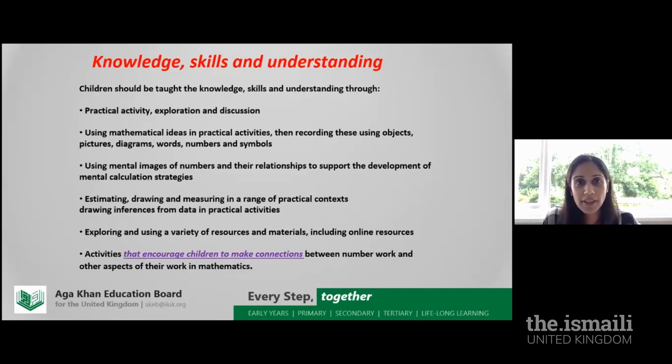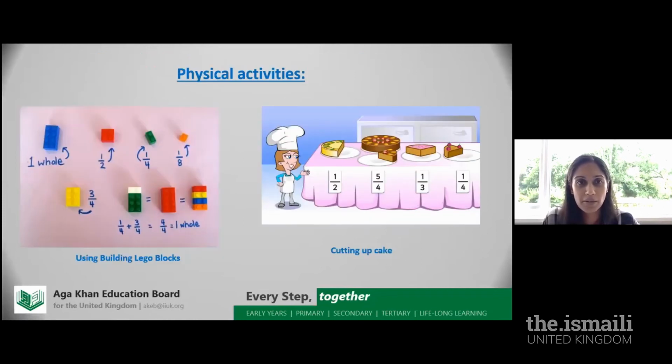So if we have a look now at some practical activities. In the first example, we can see here a child has been given some building blocks, and in this case they're Lego blocks. Now you don't have to use Lego blocks, you can use anything that you find around the house. And if you look in the example, each Lego block has a different quantity of studs, the round circles, which comes in very handy, especially during fractions.